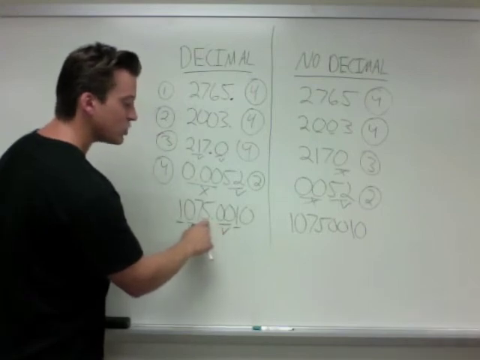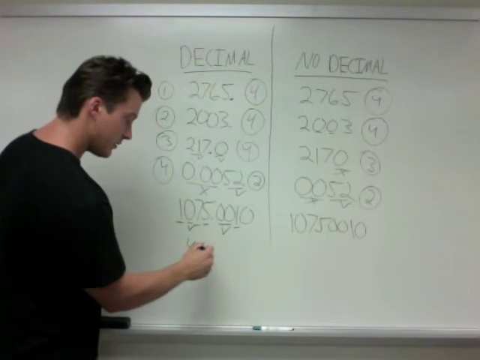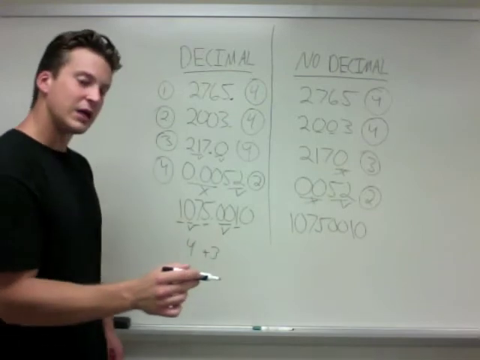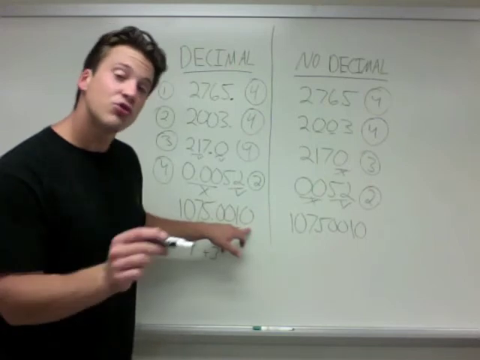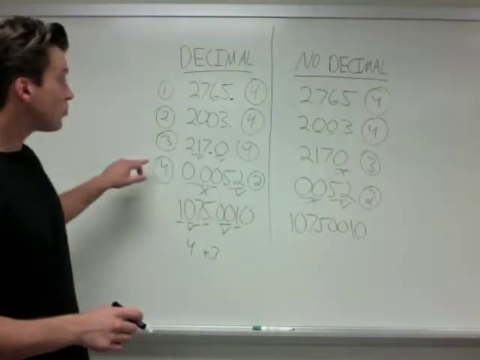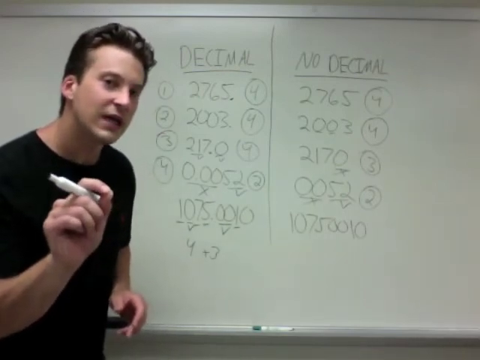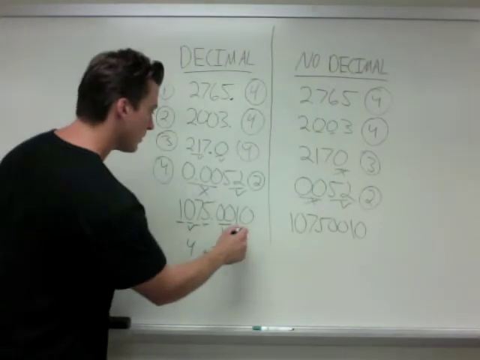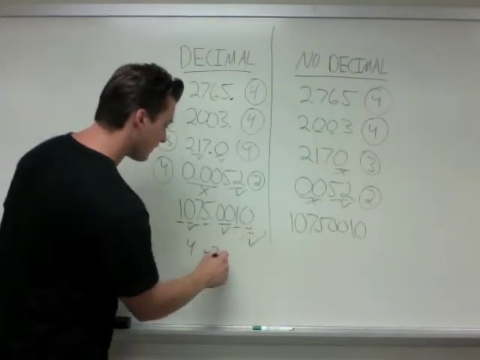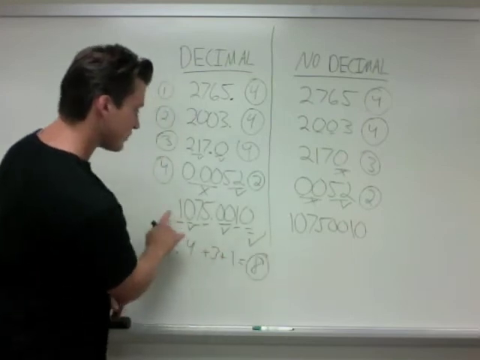They're trapped between the 5 and the 1. So that's at least another 3. Lastly, that 0 is a trailing 0. Rule number 3 says trailing zeros are significant only if there is a decimal present. I have a decimal, therefore that 0 is significant. So I have a total of 8 sig figs in this problem.